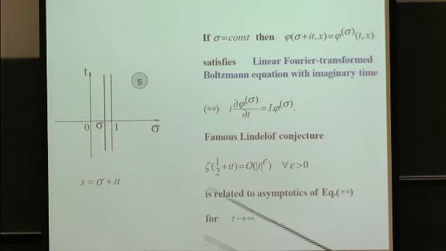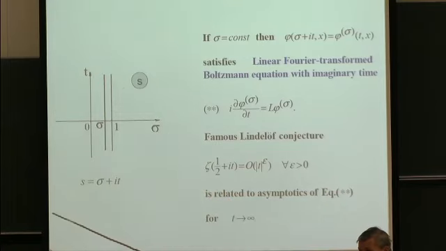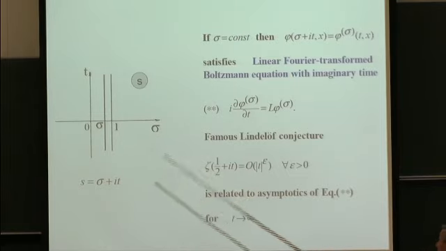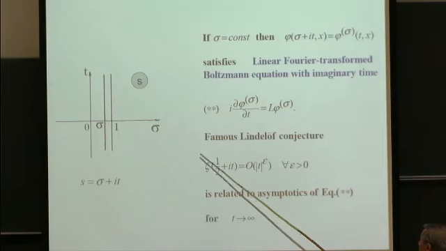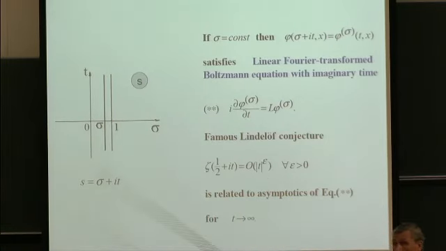This means that it is not bounded along this line, but it can grow less than any power. In fact, of course, it doesn't grow; it oscillates. Yes, but the maximums are like that. And you can easily express this problem in terms of properties of the Boltzmann equation with imaginary time.